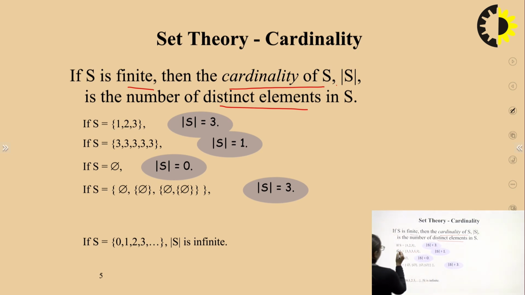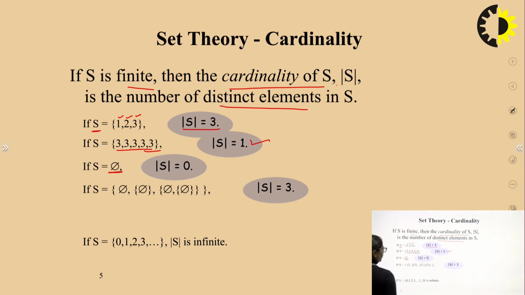Now we can see here in this S there are 1, 2, 3 elements, so the cardinality is 3. In this case we can see that there are a number of elements, but they are all the same. We will count it only once, right? So this can be repeated any number of times, but we count the element once. So the cardinality of this set is 1.